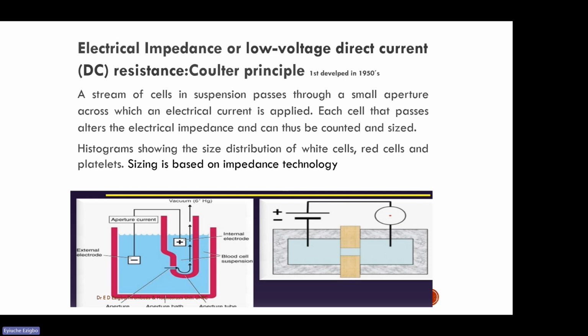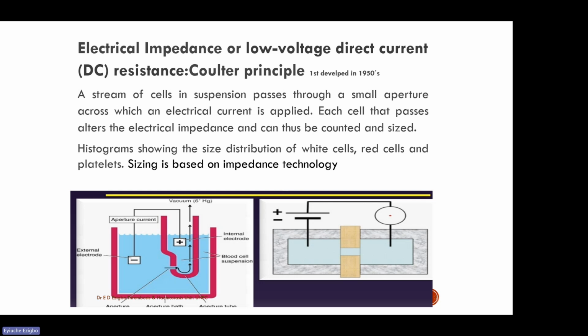The electrical impedance, or direct current resistance, the Coulter principle, was the first principle developed in automated hematology analyzers. You can see that a stream of cells in suspension in the diluent passes through a small aperture, across which an electrical current is applied.